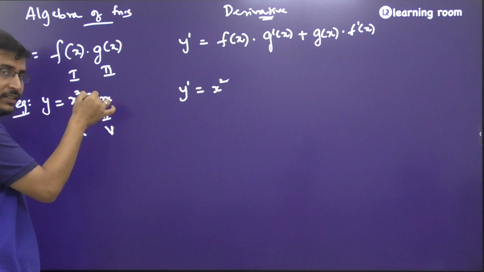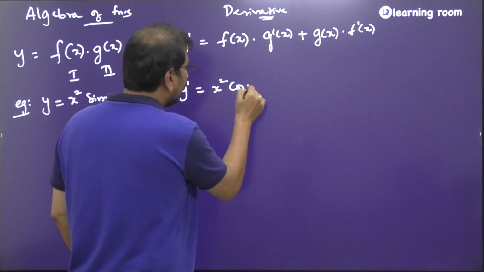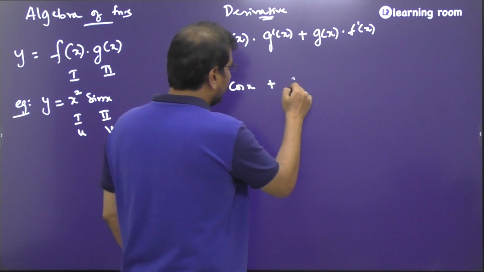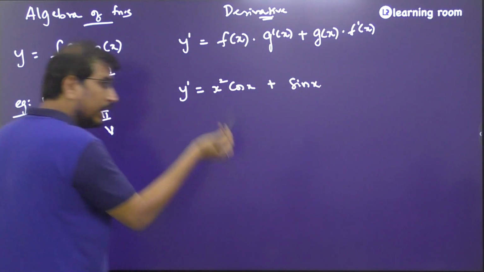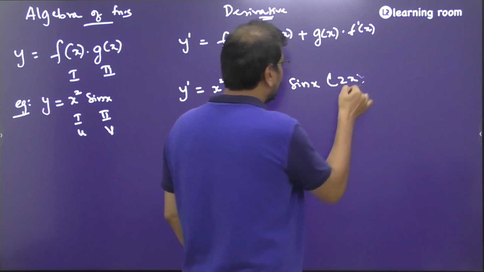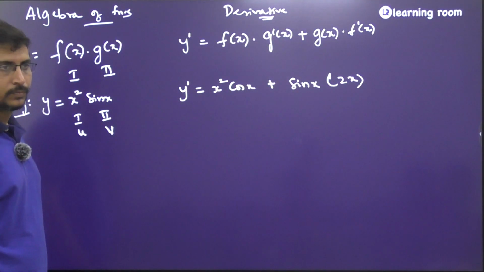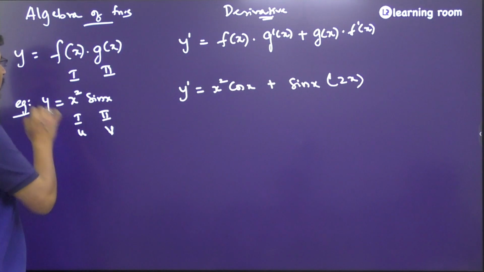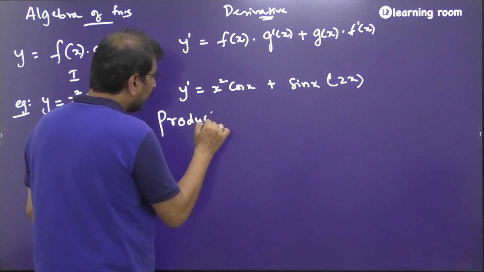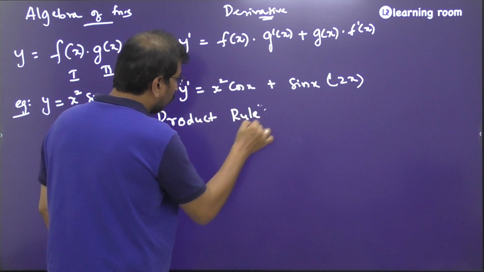What is the derivative of sin x? cos x plus second function into derivative of first function. Done. This answer. Okay. And this kind of a rule is called as, you call it as product rule.